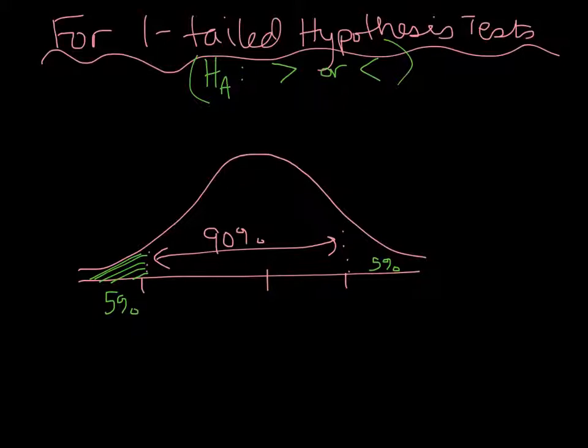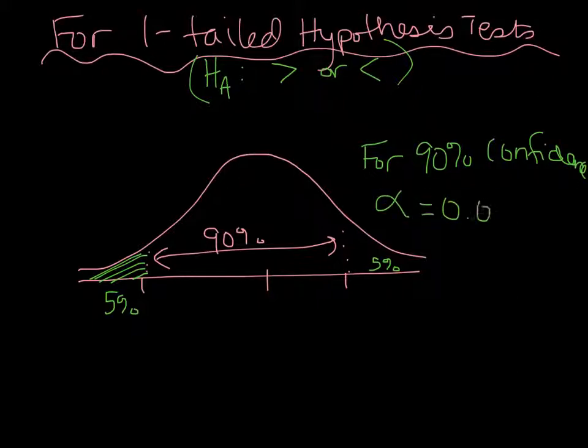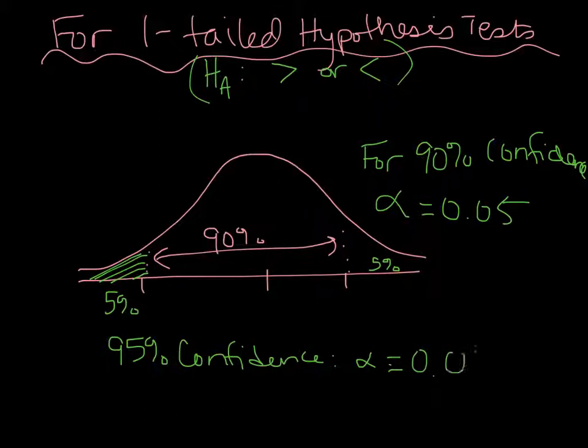So what's going to happen is when we're working with 90% confidence, our alpha level is actually going to be 0.05. It's only going to be the 5% that we have shaded in right there. So another thing is that if you have 95% confidence, you are going to have an alpha level of 0.025.